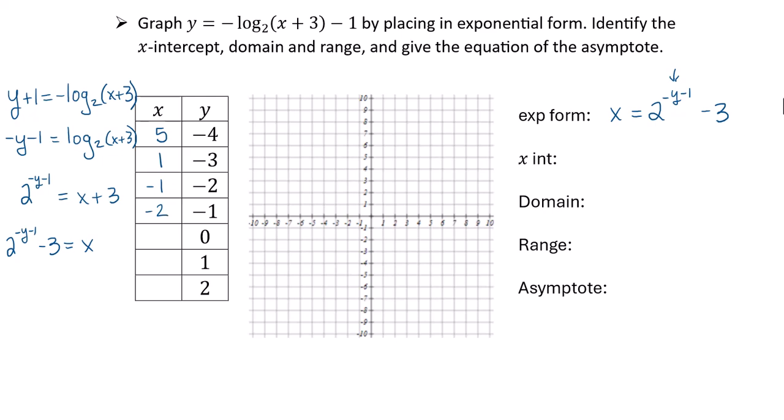Let's try a 0. Putting a 0 in for y. That would give me a negative 1 in my exponent. 2 to the negative 1 is going to be 1/2. And 1/2 minus 3 is going to be a negative 5/2.